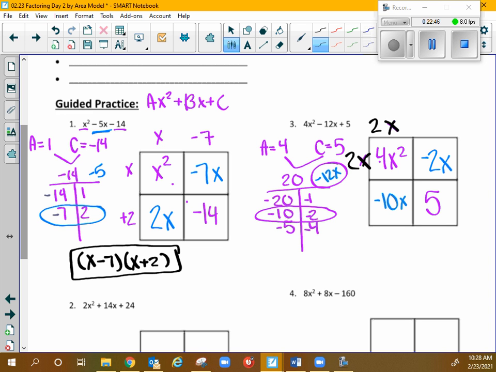Now, if I took 2x, how would I get negative 10x from that? Negative 5. How would I get negative 2x over here? Negative 1. So my answer now is 2x minus 1 times 2x minus 5. Does not matter which order you put them in. I could have put 2x minus 5 first.